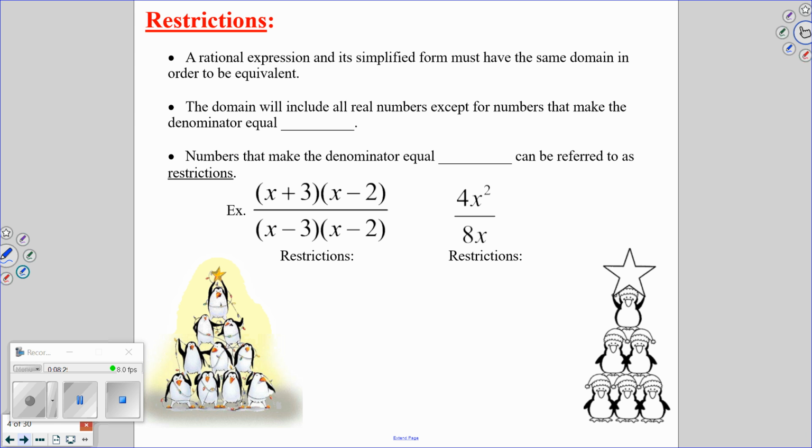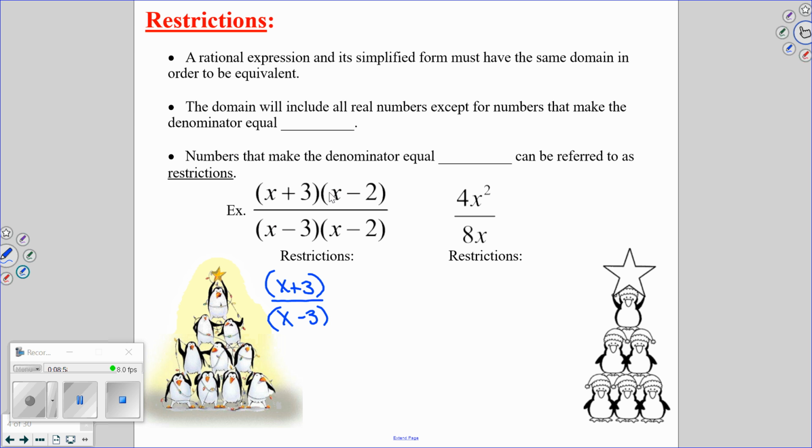Like for this example, if you would simplify this, you would have canceled these out, and you would have been left with x plus 3 over x minus 3. Can't cancel them, right, because they're held with a plus or minus. They're not the same. So when we're looking at this problem, this is the same as this. This is just simplified. Just like 2/4 is the same as half.